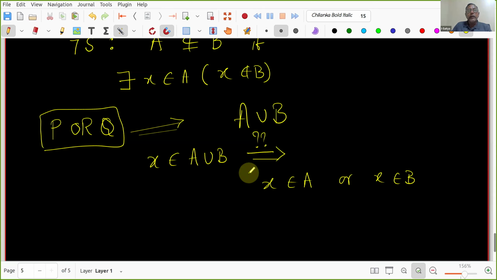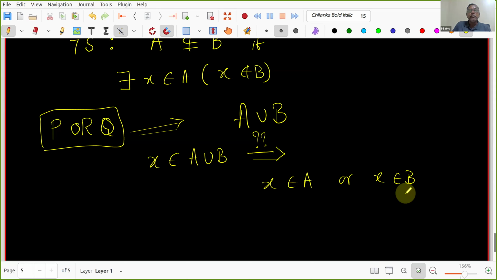So x belongs to A or x belongs to B. If x is in A, then it is also in the union. I need not check whether it is in B or not. If it is in B, then also it is true. It is in the union. Then I'm done. If x is in A, I need not check if it is in B. Automatically, I declare that it is in the union.